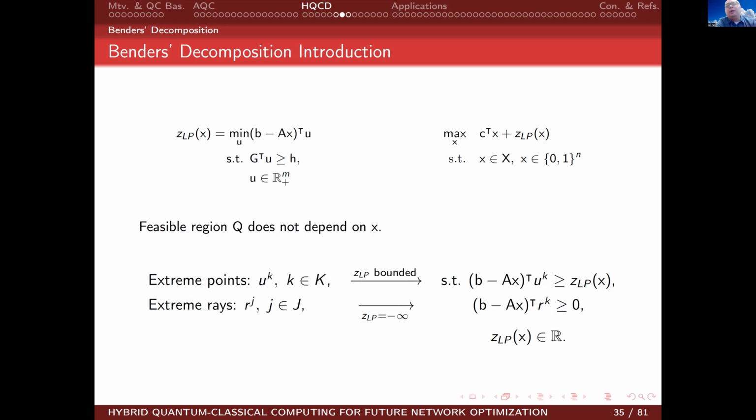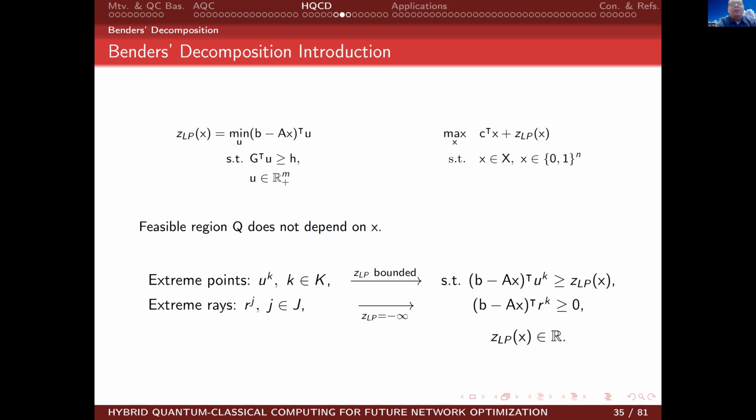Another terminology is what we call cuts, right? The extreme points help us generate the optimality cut. It can help us improve the optimal solution for the master problem. The extreme rays generate the feasibility cut.